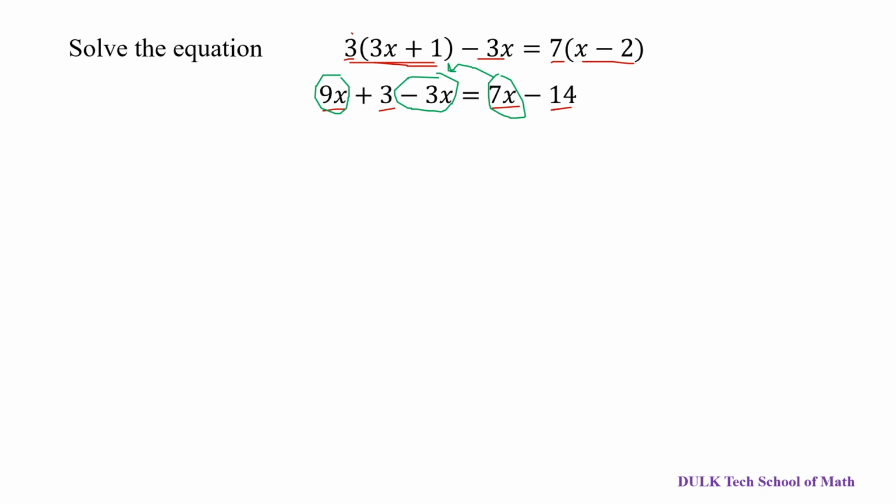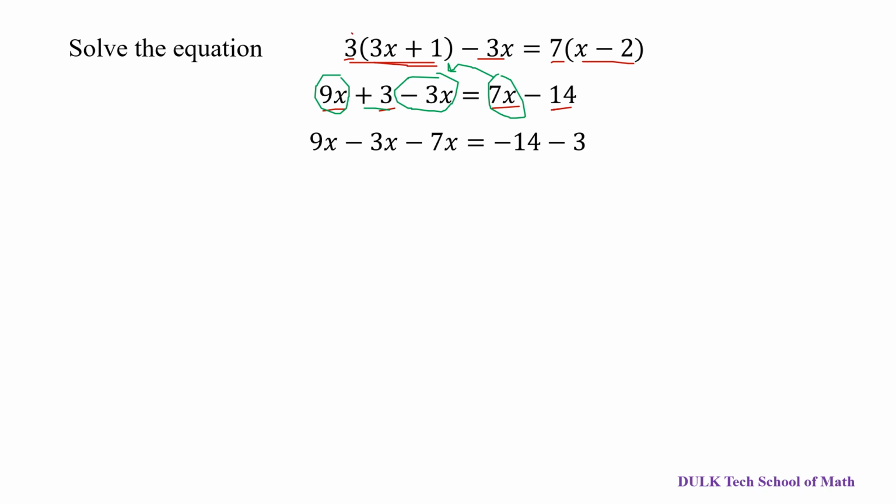Right, at the same time taking this plus 3 to the right hand side where there is minus 14, since they are both independent of x. So this is now 9x minus 3x minus 7x. It is now minus 7x because of the change sign principle. Right, this is minus 14 minus 3. This minus 3 is changing side, so it also changes the sign.